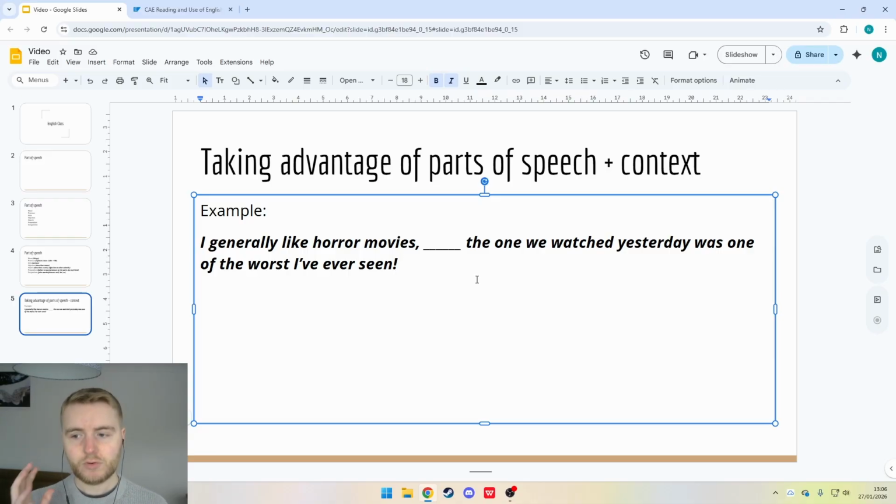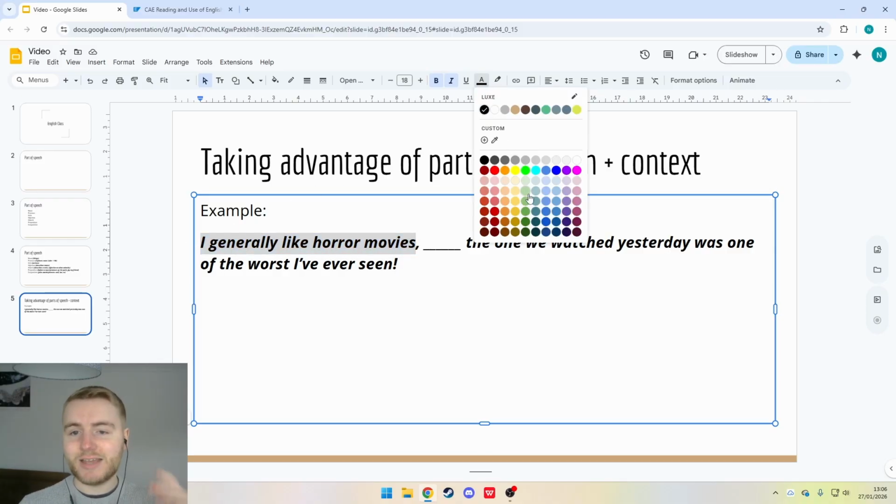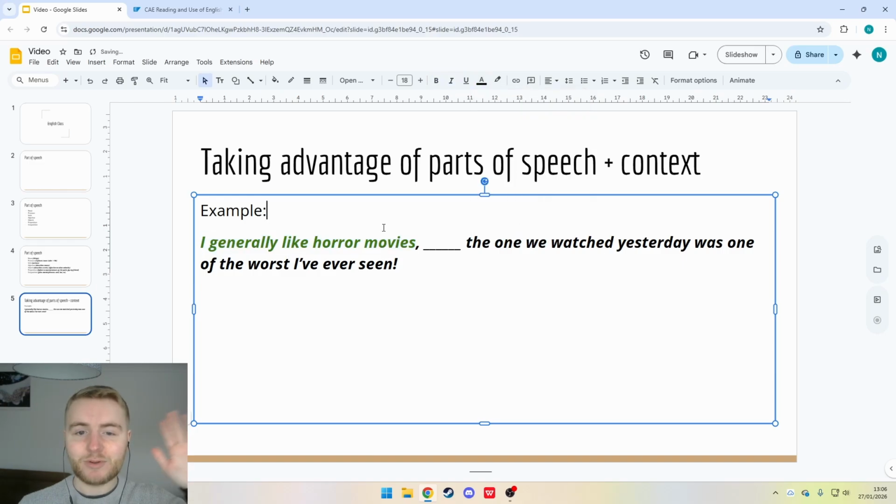Okay. What we should do is separate these parts of the sentence a bit and try to break it down. This first part, how would you describe it? I would say it's positive. I'd say it's a really good thing. I'm going to put that in green as a good thing. I generally like horror movies.